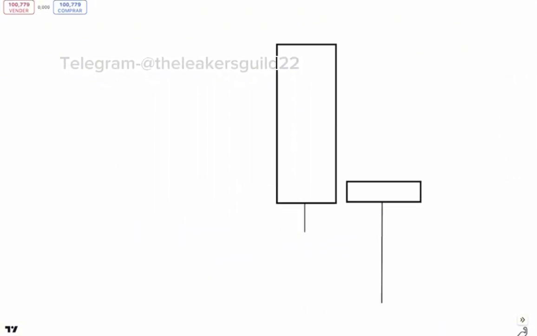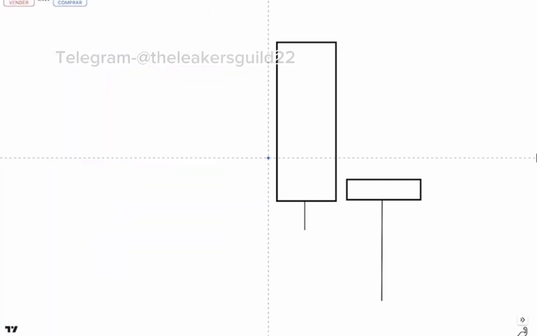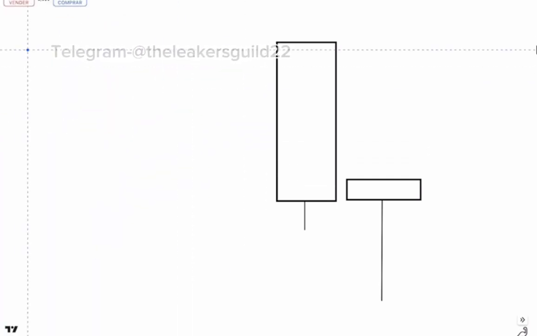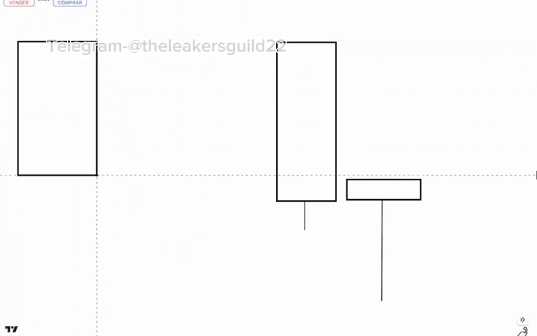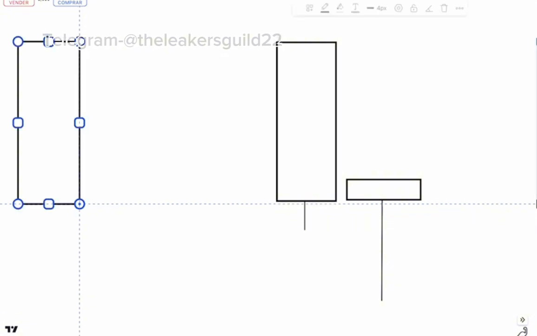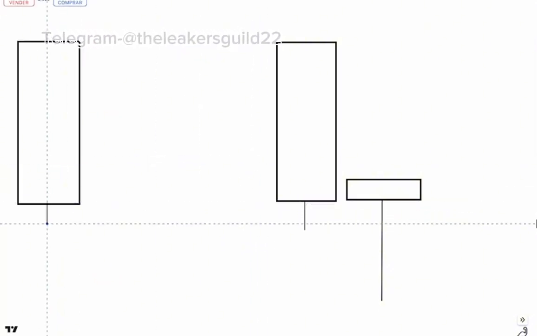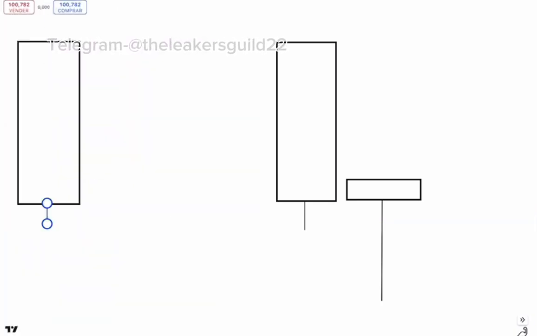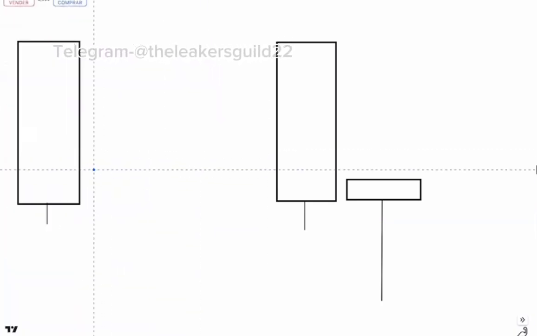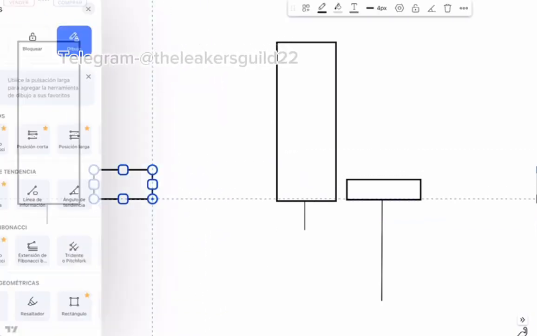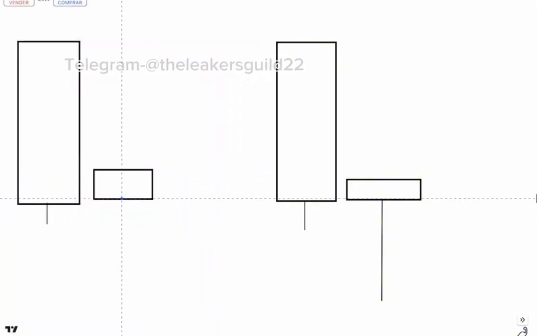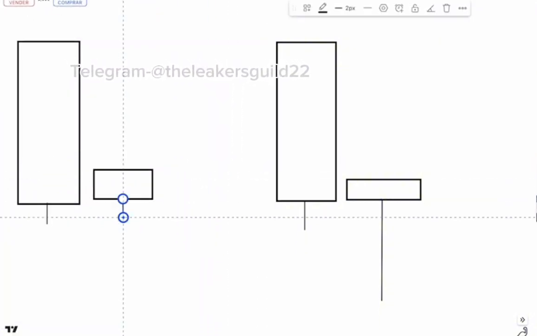As we know, Bitcoin and Ethereum are correlated assets, right? And Ethereum, on the other hand, candle number 2 is refusing to push below the low of candle number 1.